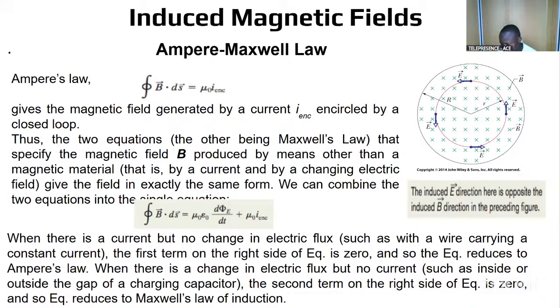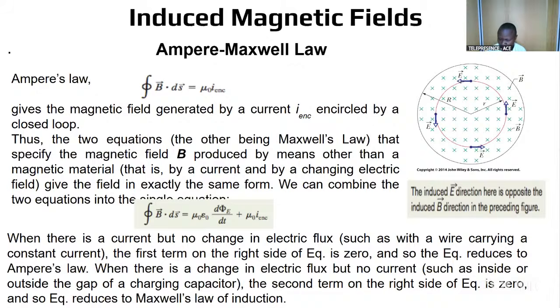Now, if you recall from your previous classes, you were given Ampere's law: the integral of B dot ds is equal to mu naught I enclosed, that is, the current enclosed. Ampere's law gives the magnetic field generated by current.